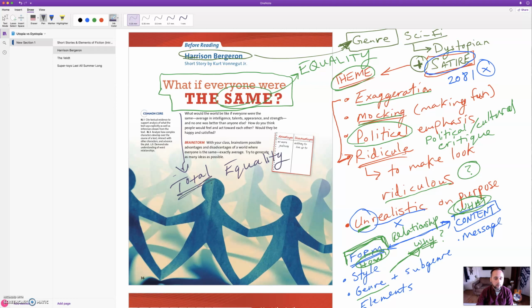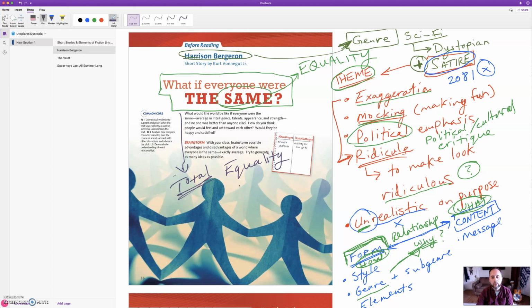So is total equality possible, and can it be enforced in society? So total, you could say absolute equality. And the text is going to explore a few ways that the government tries to make everything totally equal: in our physical appearance, in our beauty, in our intelligence, in our strength.